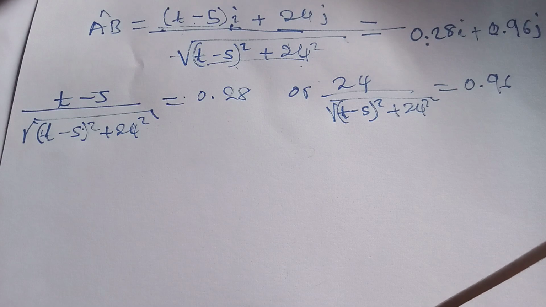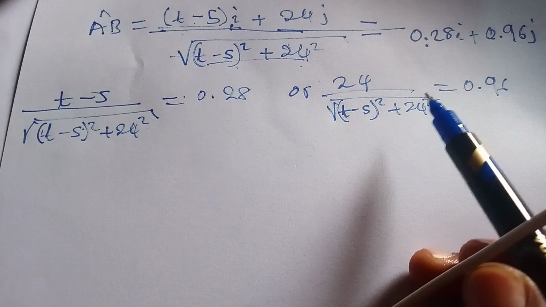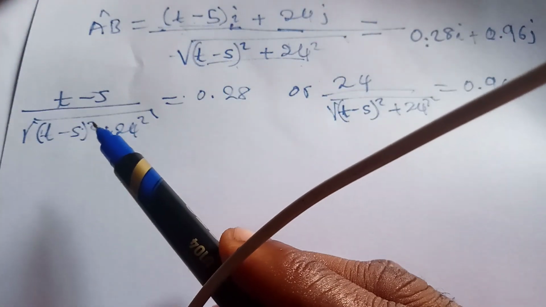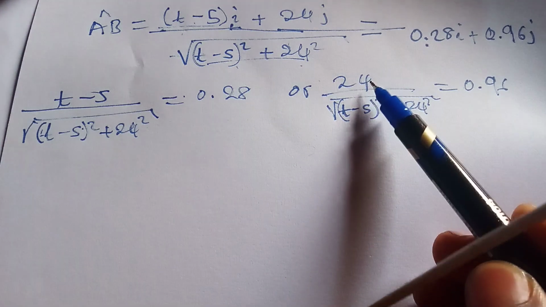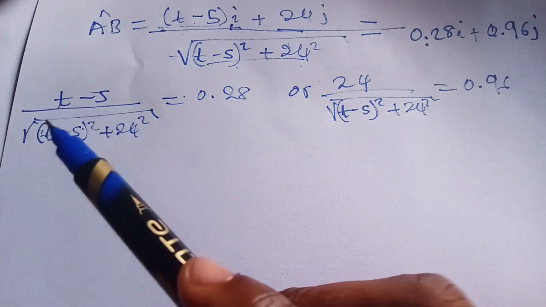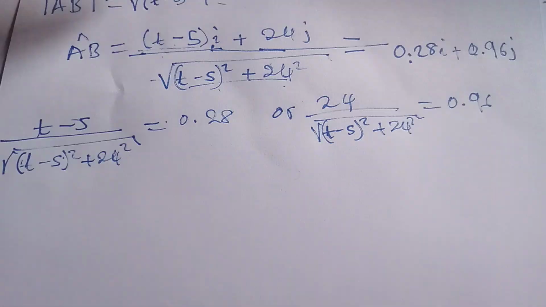And for me, I think it's much easier to use this because we only have a 24 here. We don't have a t like we do here, but regardless the answers will still be the same.